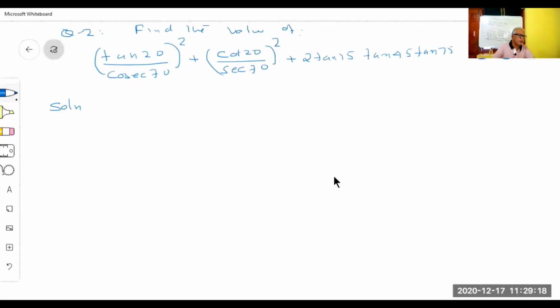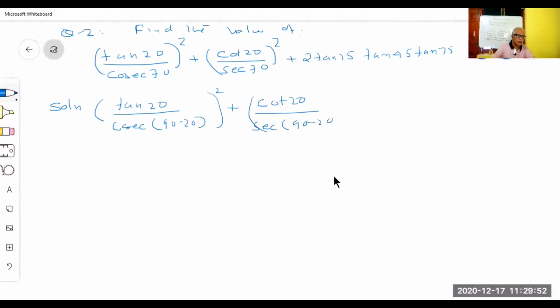See, this term we will write as (tan 20 by cosec 90 minus 20) the whole square plus (cot 20 by sec 90 minus 20) the whole square plus 2 tan 15 into 1 into tan 75, all of us know it.